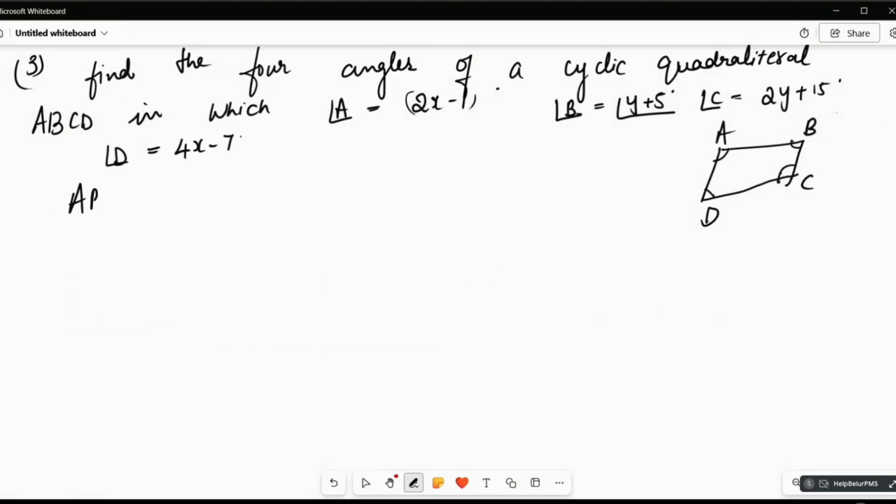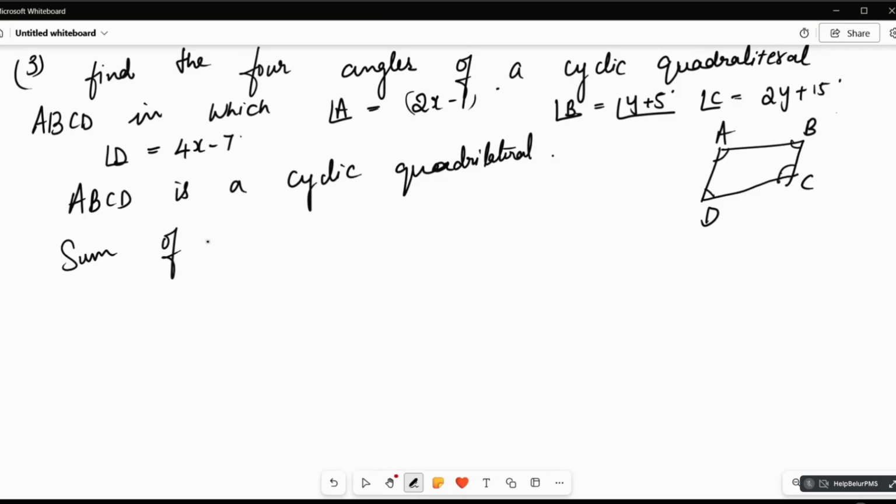Okay. So angle A plus angle C. Write down that ABCD is a cyclic quadrilateral. Whenever it's a cyclic quadrilateral, the sum of the opposite angles is equal to 180 degrees.